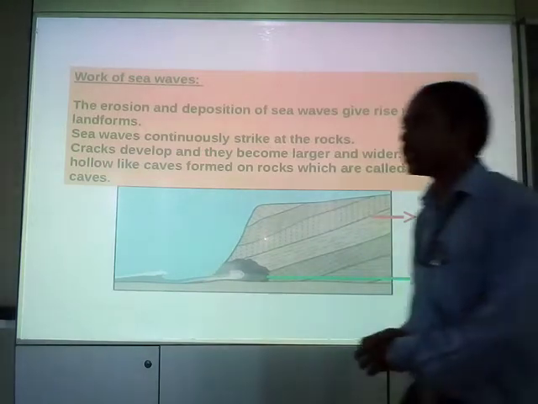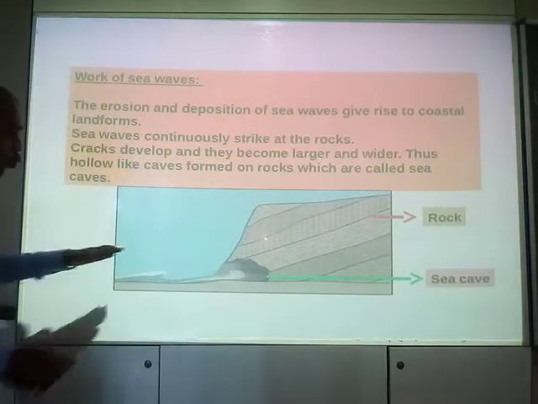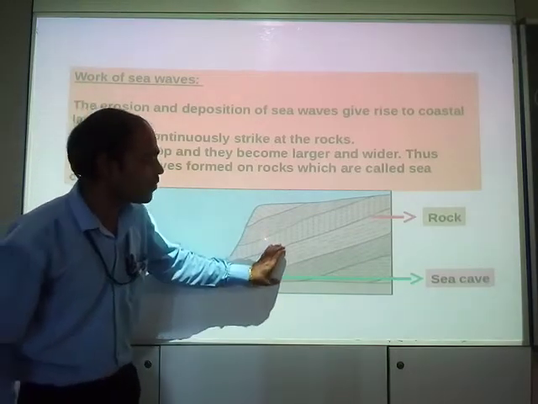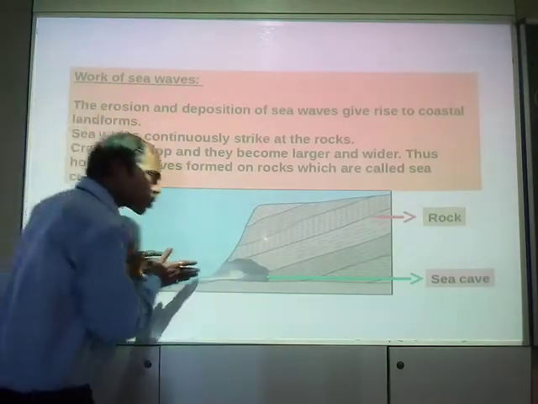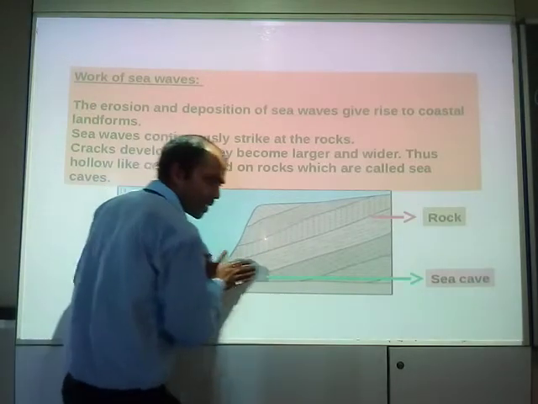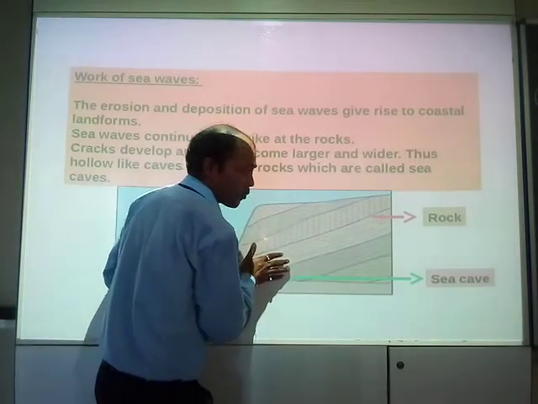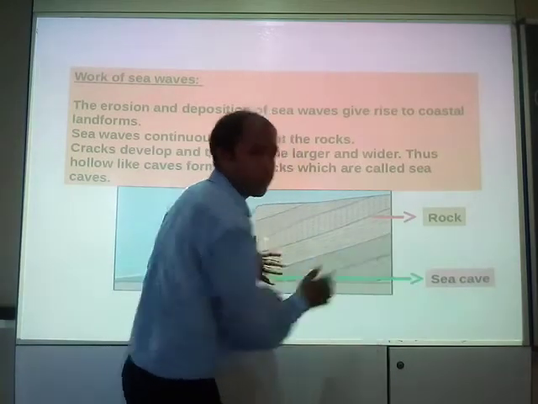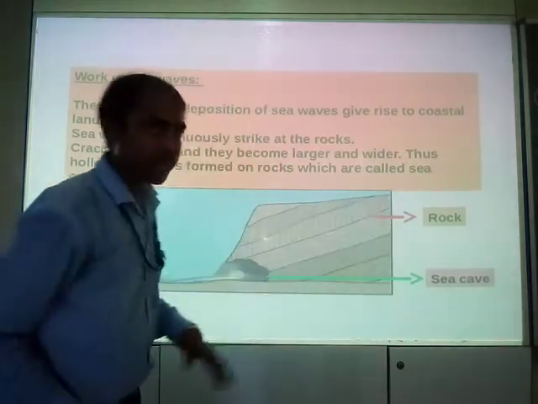Understood? Yes. Now, once the sea cave is formed, the waves keep on striking time and again. Finally, the walls are taken away completely, right?